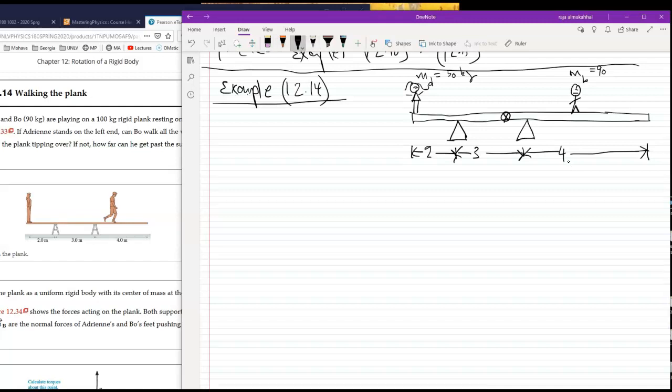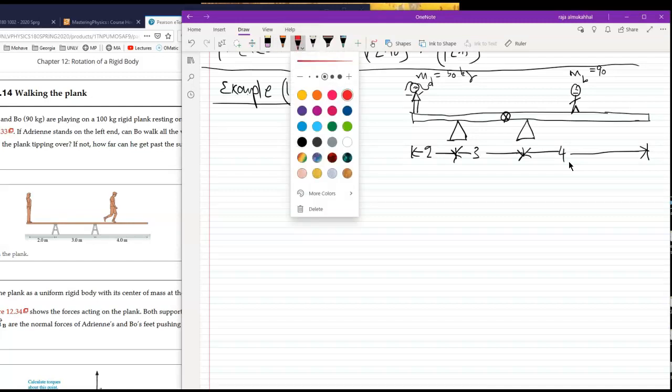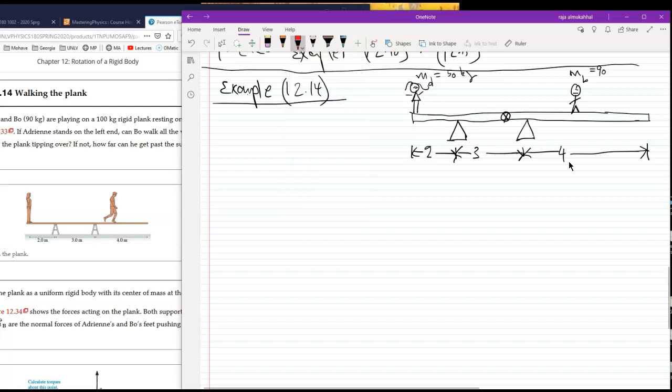Let me put a different color. I need to put the dimensions correctly in order to solve it right. So this is 4.5 here, and this is 4.5. I'll tell you in a minute why I'm doing all that.